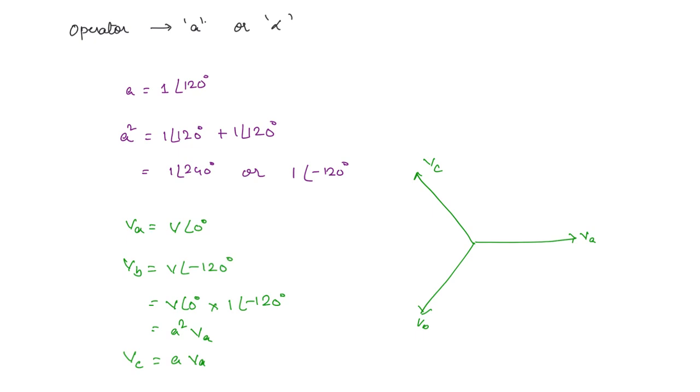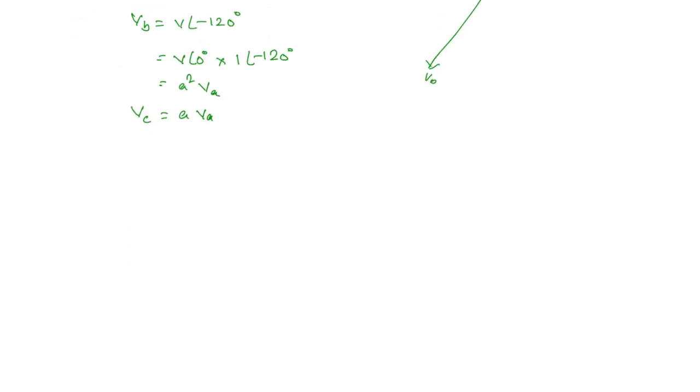Now another relationship with respect to A: the second point is that 1 plus A squared plus A equals 0. Why is that? You can get it from the phasors themselves. VA plus VB plus VC is equal to 0 for a balanced system.